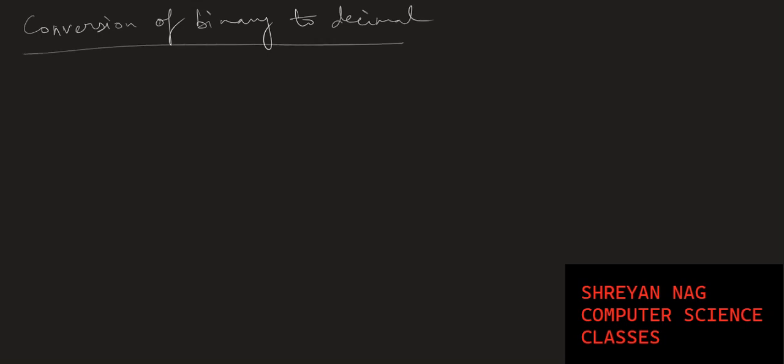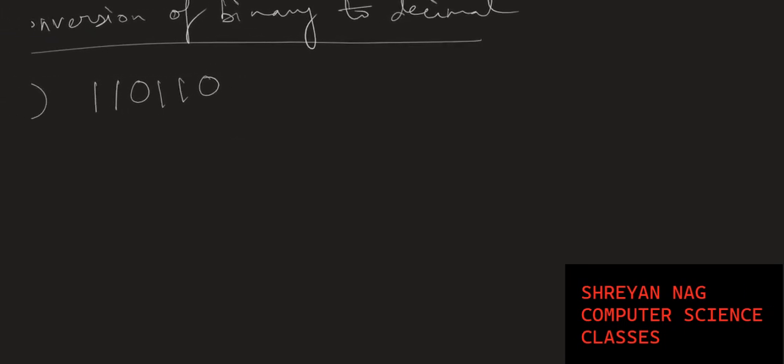Okay, so let us take an example. Suppose 1 1 0 1 1 0. So this is an example of a binary number.